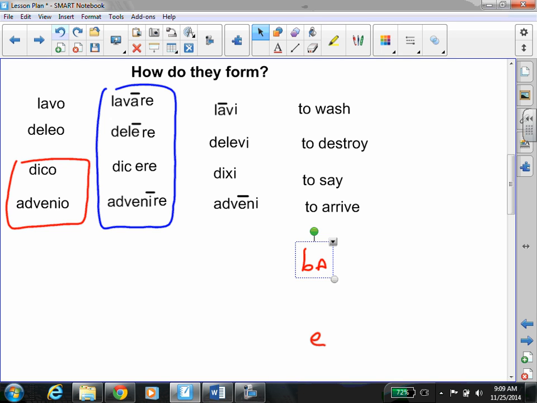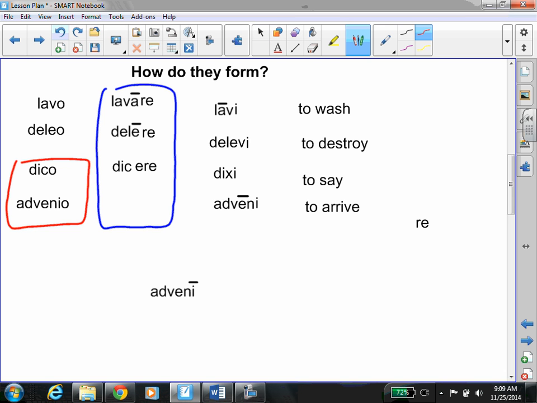So we're going to start off, I'm going to go ahead and erase that. We're going to start off with advenire just like we did before. We're going to take that RE off. That gives us the present stem. We're going to have a BA, but the third and fourth act the same, so I'm going to have EBA. Now I can add my M, my S, my T, my mus, my tis, and my nt.